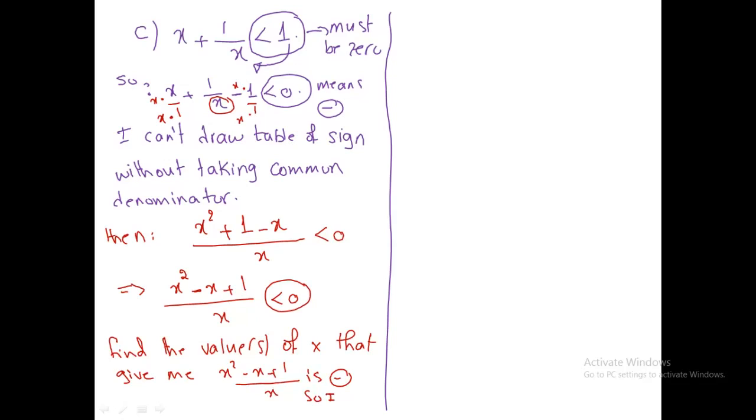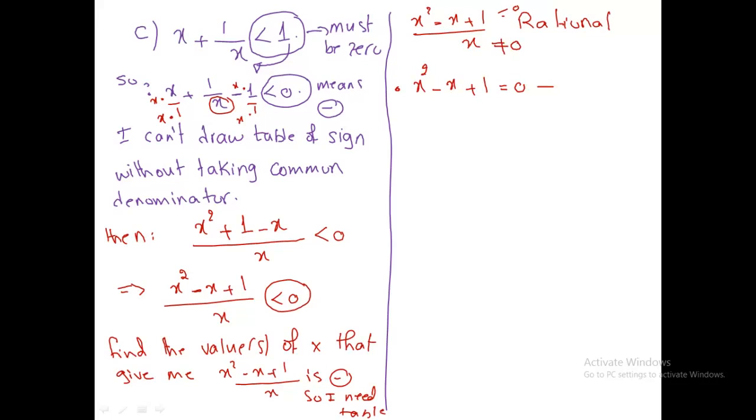So I need a table. If I have x squared minus x plus 1 over x, a rational, and I want to make a table, then the numerator equals 0 and the denominator does not equal 0. x squared minus x plus 1 equals 0. Its kind is quadratic. Then I will use the calculator and enter a 1, b minus 1 and c 1.